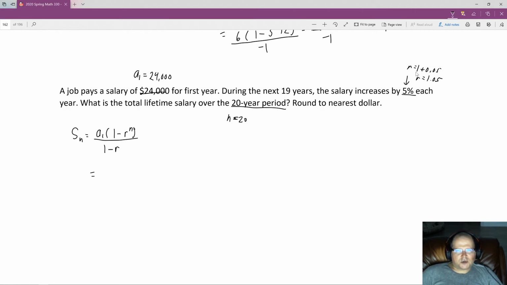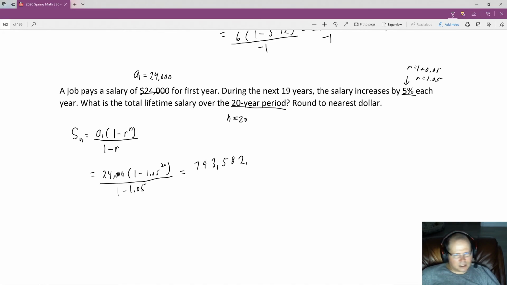The first term is 24,000. We multiply by 1 minus r. R is 1.05. N is 20. All over 1 minus 1.05. That gives me $793,582 and rounds off to 90 cents.